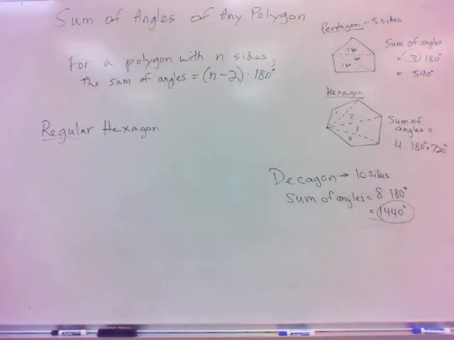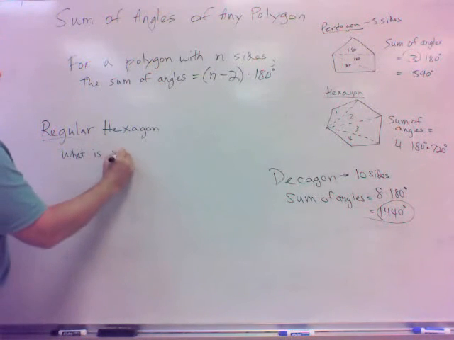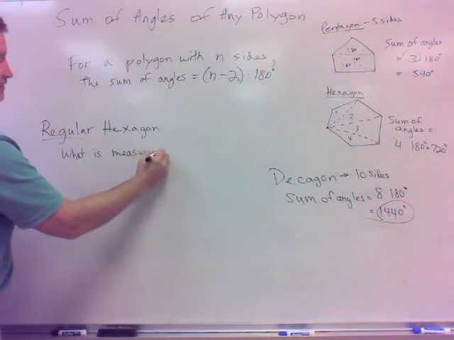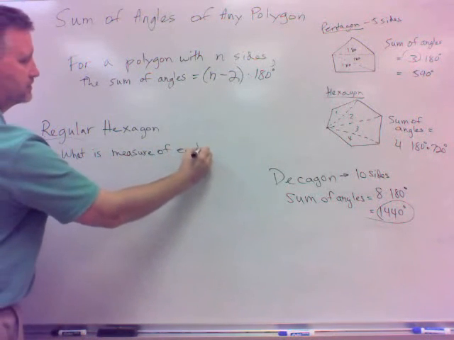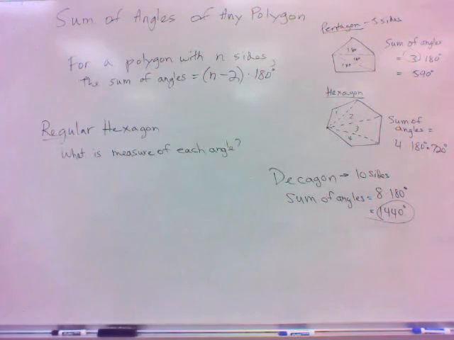But a regular hexagon, we know what? It has all the same side lengths, and all the angles are the same measure. Okay? So knowing that then, what is the measure of each angle of a regular hexagon?